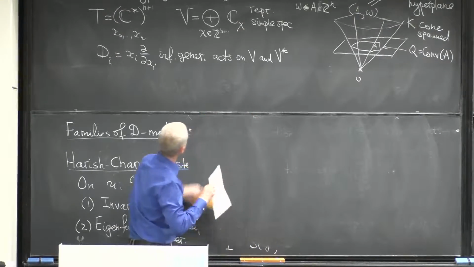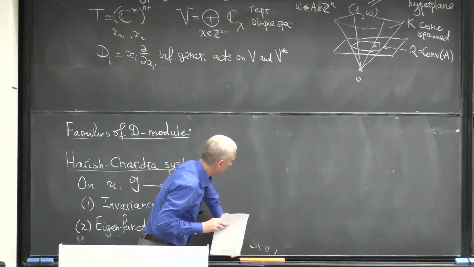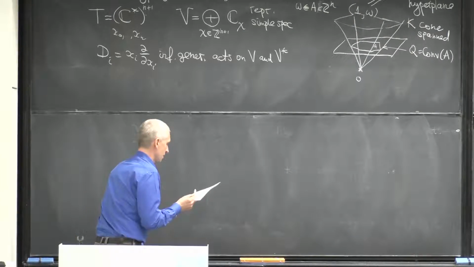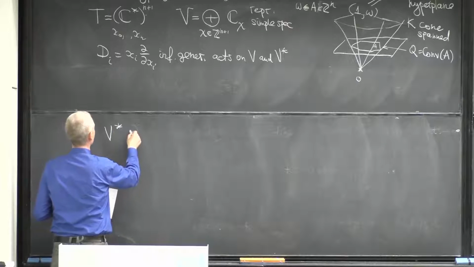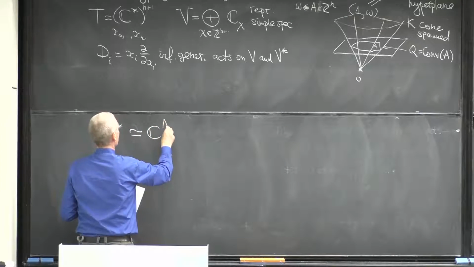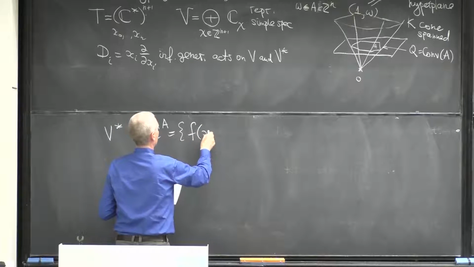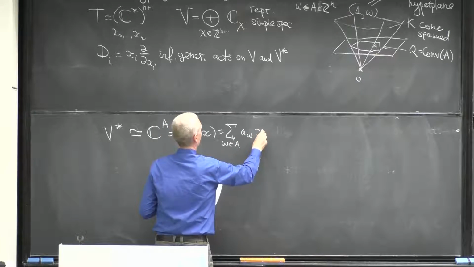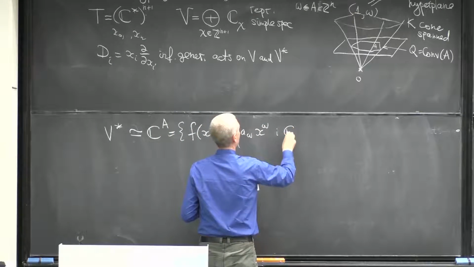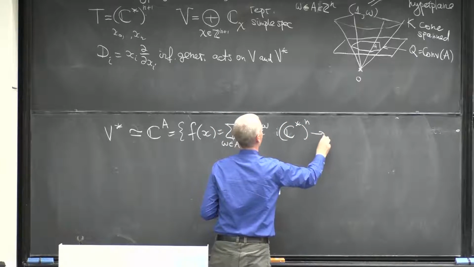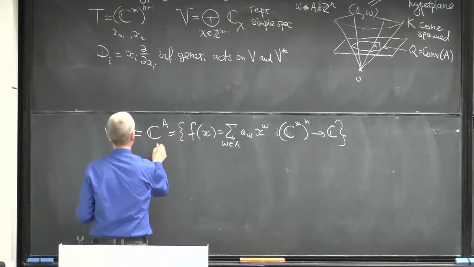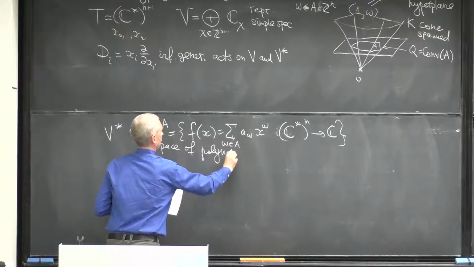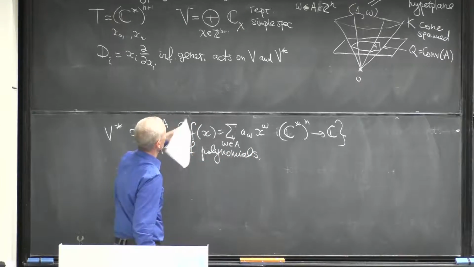The individual basis vectors of this space V correspond to monomials, and a linear combination of monomials is a polynomial. So the dual space V star is identified with C to the A, which is the set of polynomials f of x equals the sum over omega in A of a omega x to the omega. It's a function in n variables, from C star to the n to C. So we ignore the first coordinate.